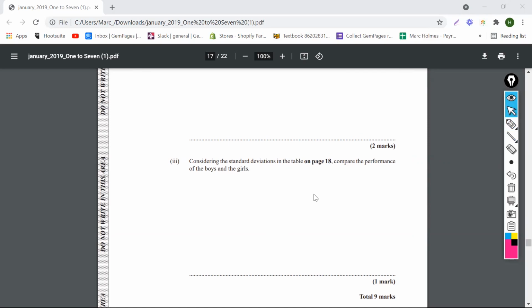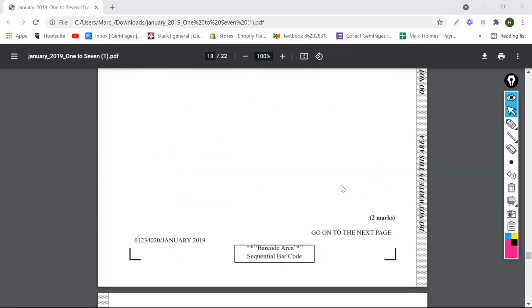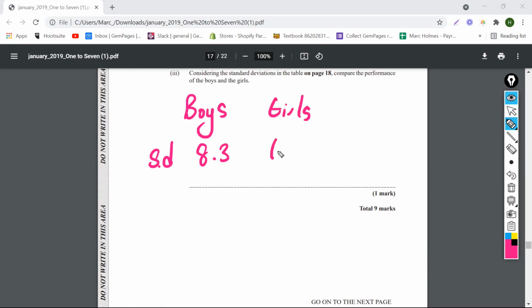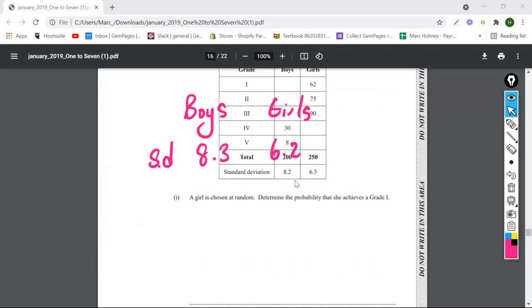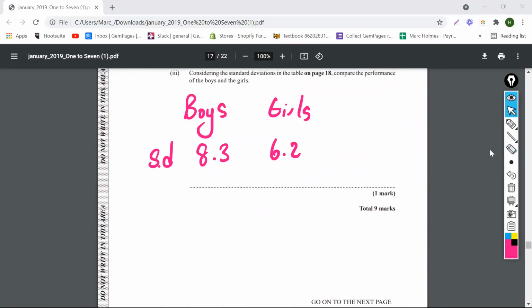So for the boys, the SD, let's call it standard deviation, is 8.2 and the girls' is 6.3. Sorry, I have it the wrong way around. The answer is 6.3 and then 8.2. Cool. So this is the standard deviation, guys, right?